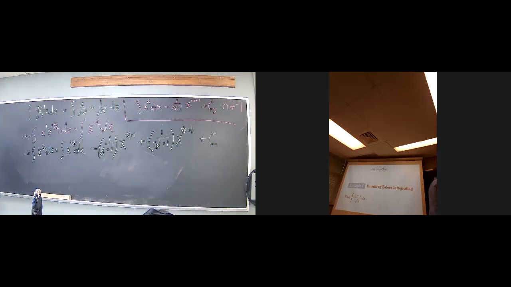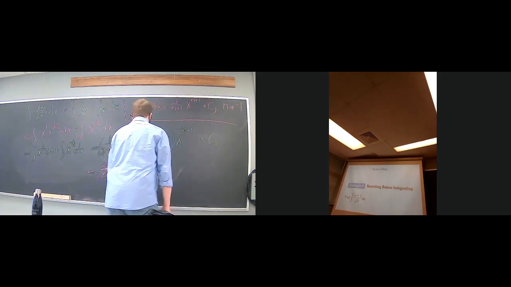I said, all right, we've got an n. In our first term, it's 1/2. 1/2 plus 1, right? In our second term, it was negative 1/2. Negative 1/2 plus 1. Now we're going to simplify all of this.